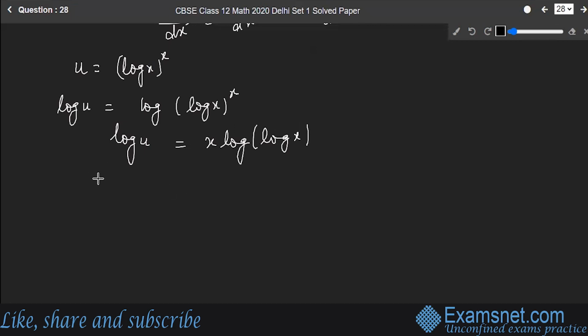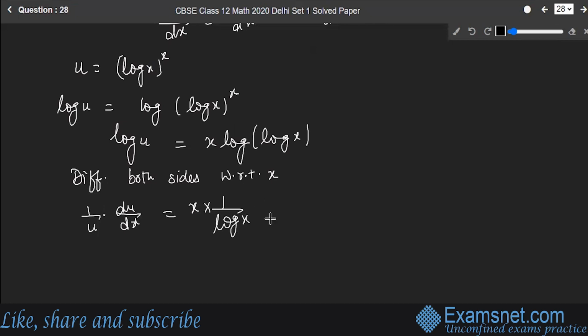Now I'm going to differentiate both sides with respect to x. You have 1 by u into du upon dx is equal to x into 1 upon log x into the derivative of log x.